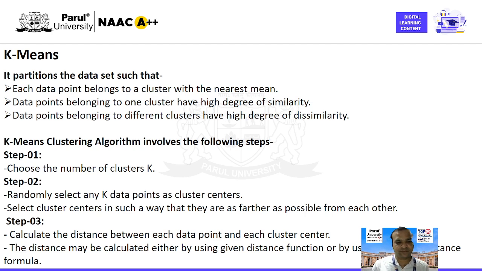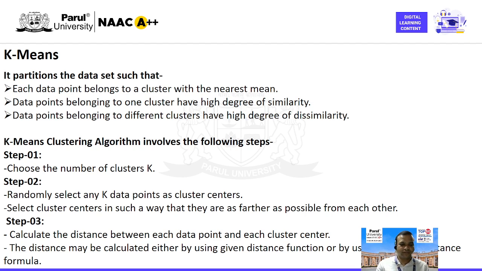There is no specific criteria to select these data points as the cluster centers. You can randomly select the first three, no issue. Select cluster centers in such a way that they are as far as possible from each other.